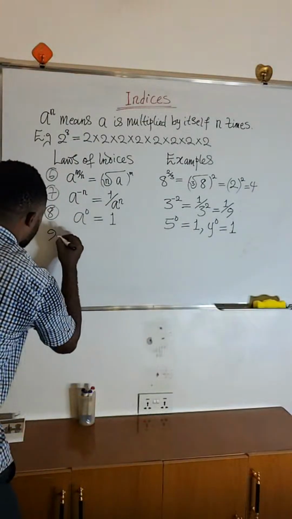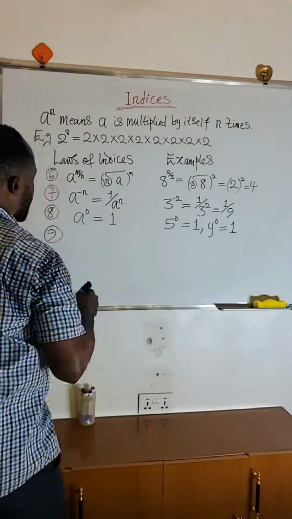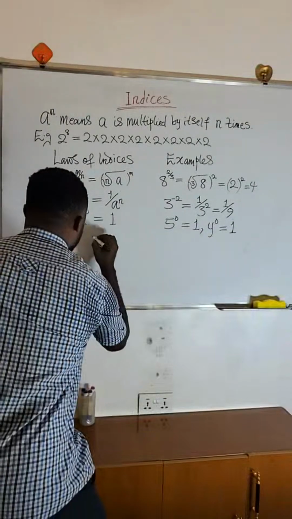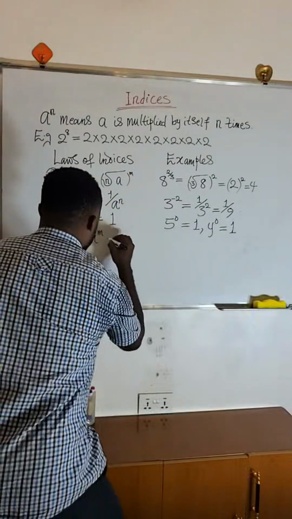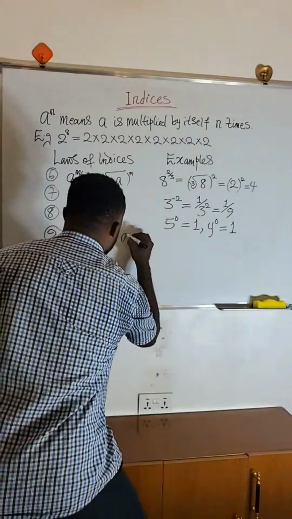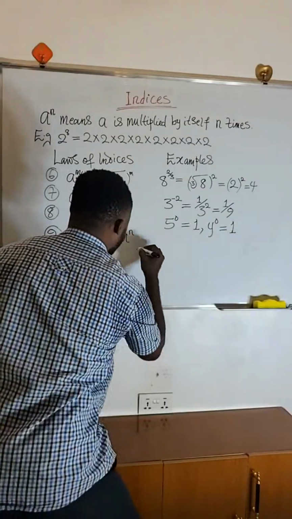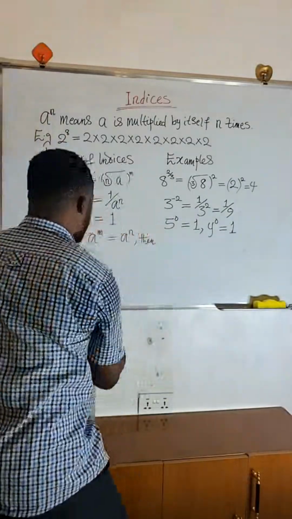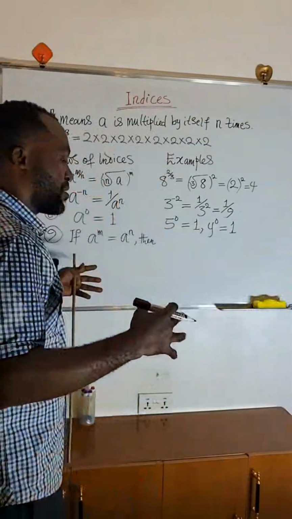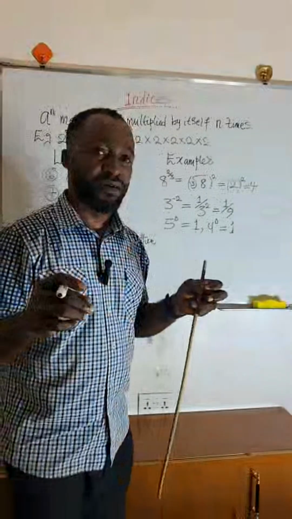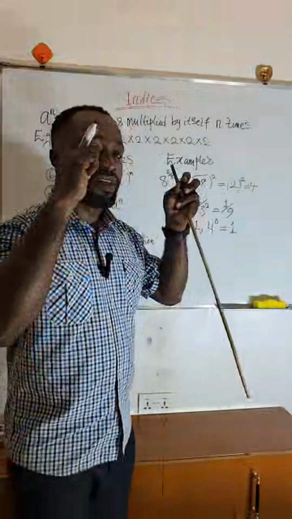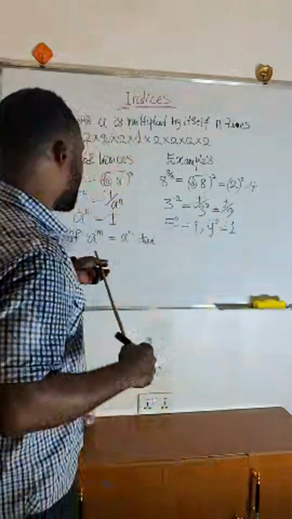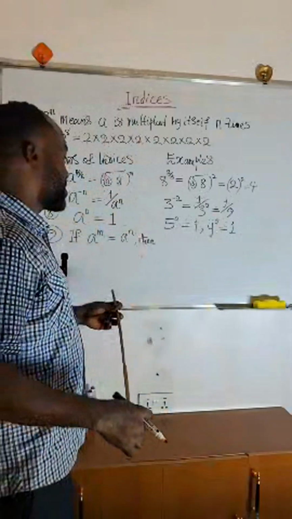Then again, you can have something like: if a raised to the power of m equals a raised to the power of n, then if you have two numbers of the same base on both sides with their respective powers, all you need to do is to equate their powers.